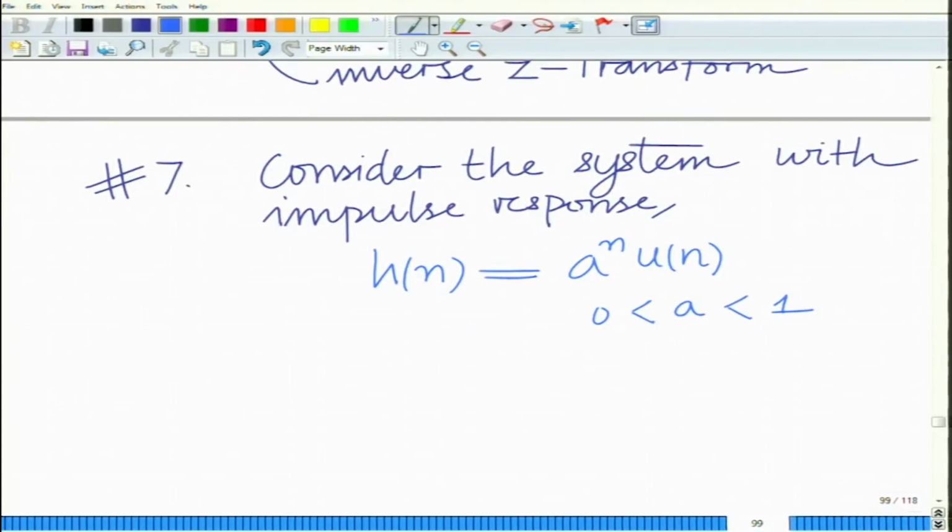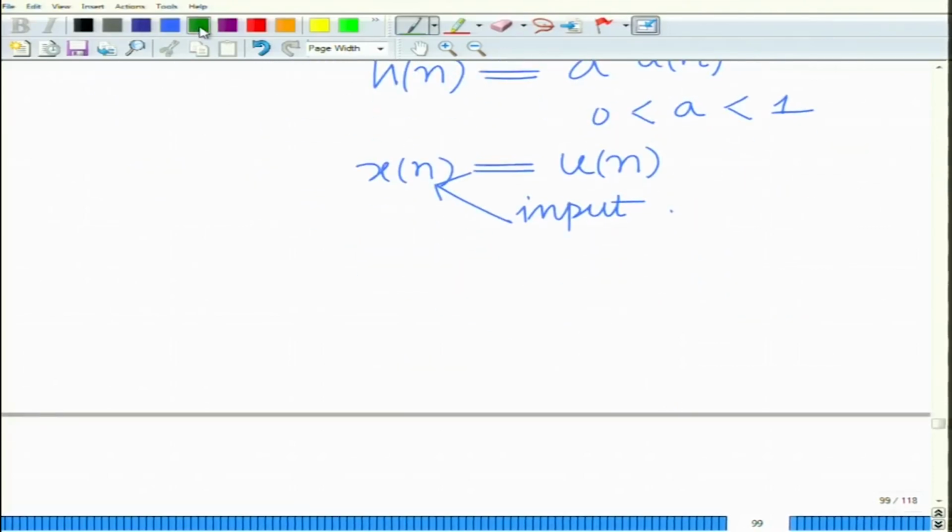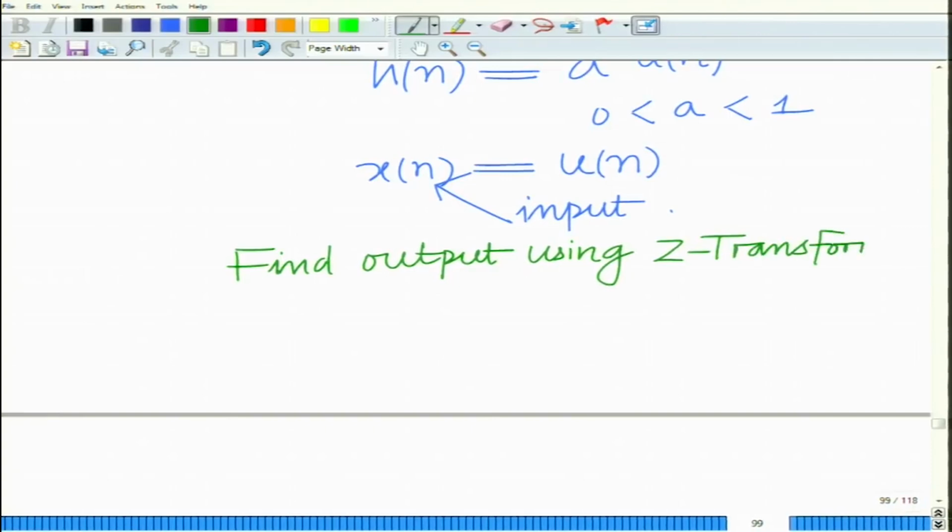Okay. Now, consider the input x n, that is the unit step function. Now, this is given as the input. We have to find the output using the z transform.